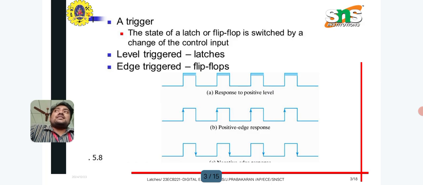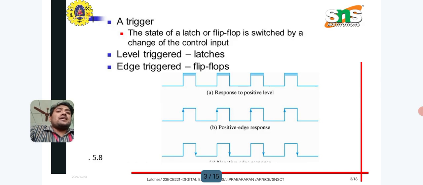Next reason is design simplicity. The level triggered nature simplifies the design of latches by removing the edge detection circuitry needed in flip-flops. Latches are smaller and faster, making them suitable for applications where simple data storage is required.